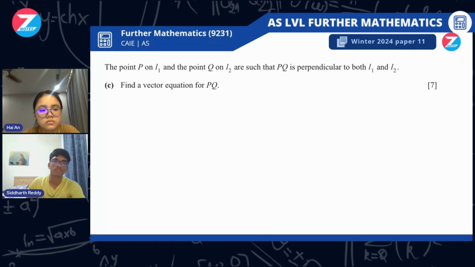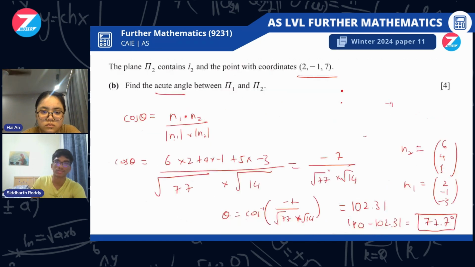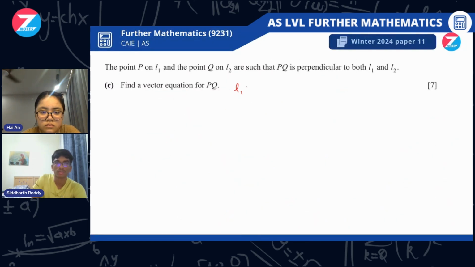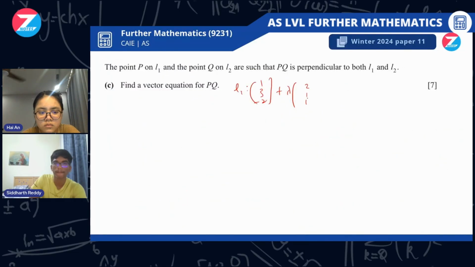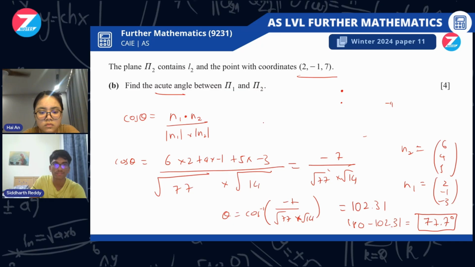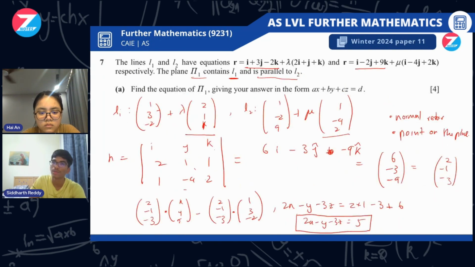So let's write down line 1 again. L1 was (1, 3, -2) plus lambda times (2, 1, 1). You can write this as (1 plus 2 lambda, 3 plus lambda, -2 plus lambda). And L2 was (1, -2, 9) plus mu times (1, -4, 2).